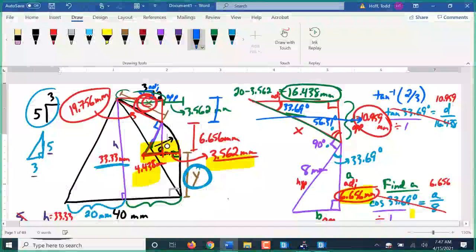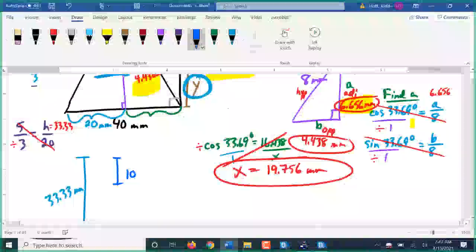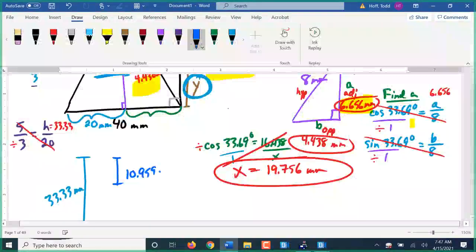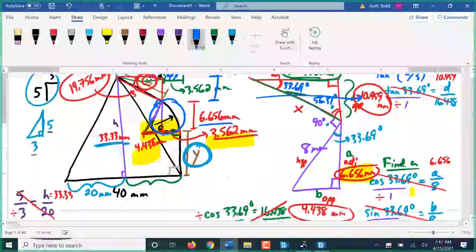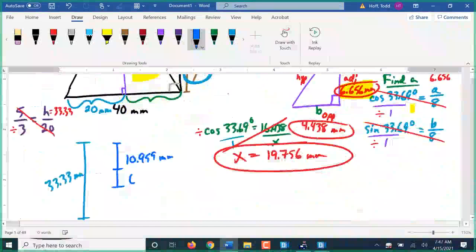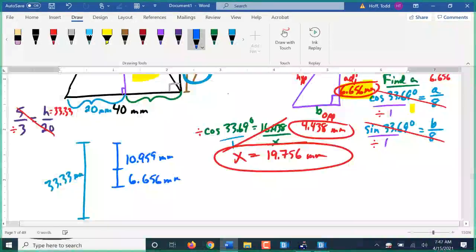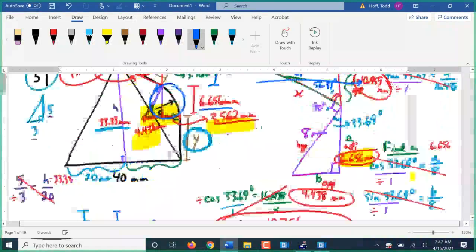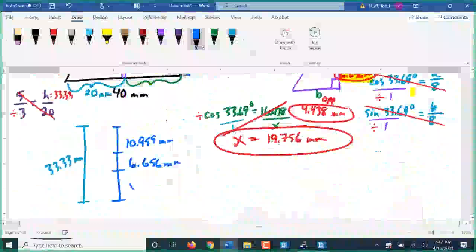We've got that rise of 10.959. And we have this rise here of 6.656. It's just from there down to the bottom. So this dimension here would be y.